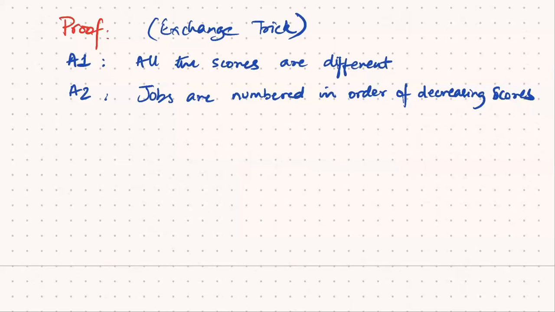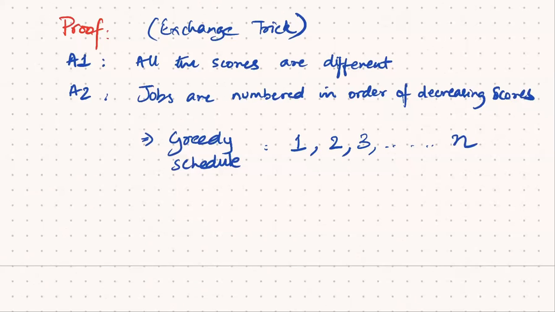So what this implies is that our greedy schedule is simply: first schedule job 1 because it has the highest score, then schedule job 2 which has the next highest score, then job 3, and so on. Finally, you schedule job n which has the lowest score. It just simplifies how we represent this greedy schedule.